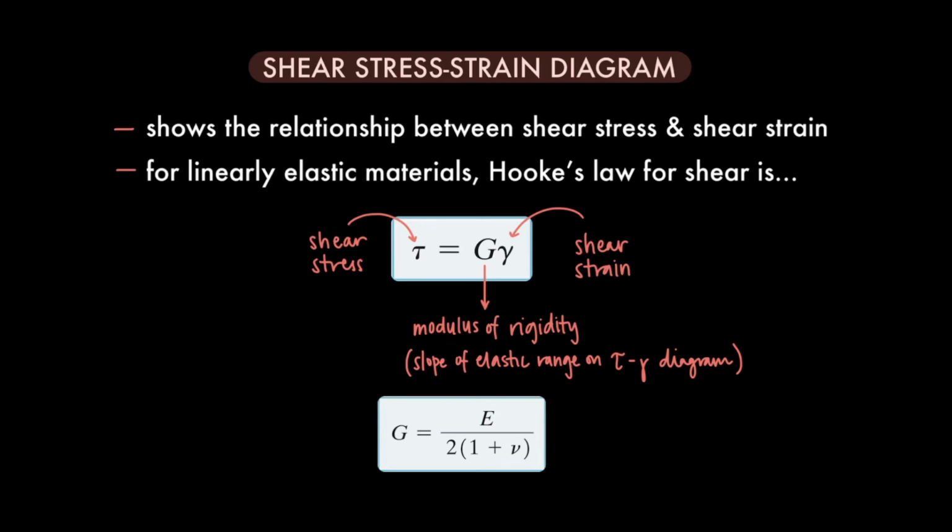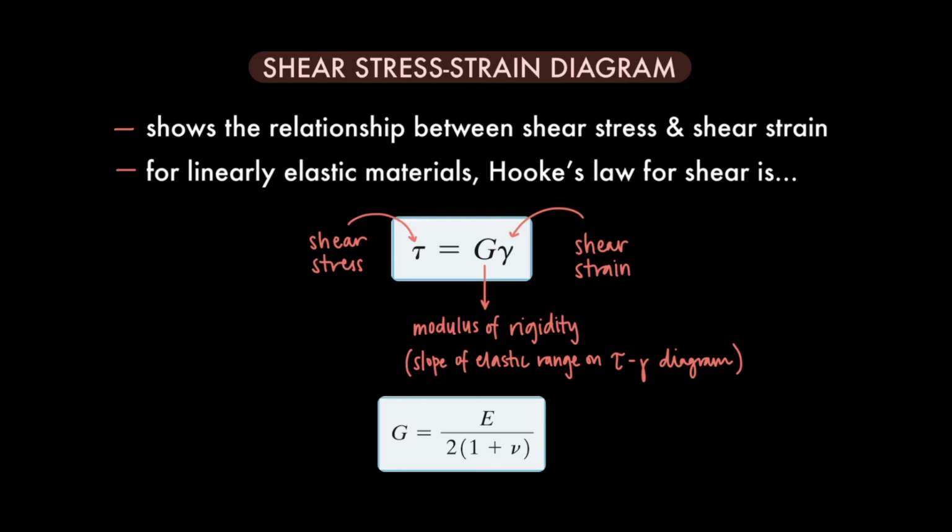Hooke's law for shear force follows the same format as Hooke's law for normal force, and is represented by tau equals G times gamma. G is called the modulus of rigidity. Just like E is the slope of the elastic range on a normal stress-strain diagram, G is the slope for a shear stress-strain diagram.